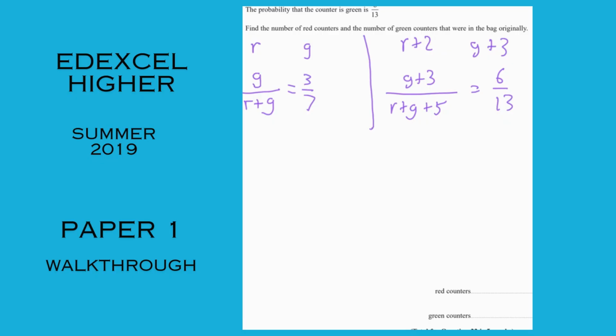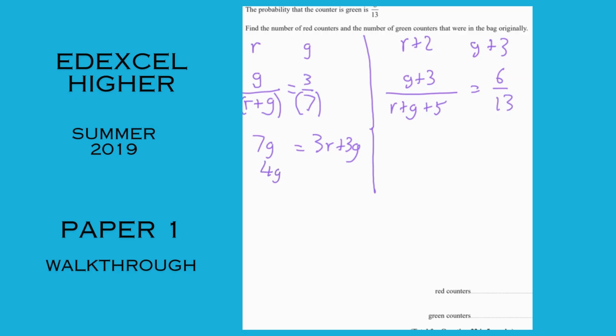Let's tidy them all up, let's level them off. Left-hand side, multiply both sides by R plus G, and multiply both sides by 7. Let's tidy it up, subtract 3G from both sides.